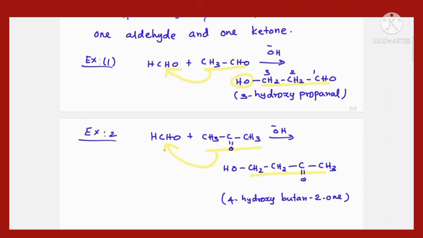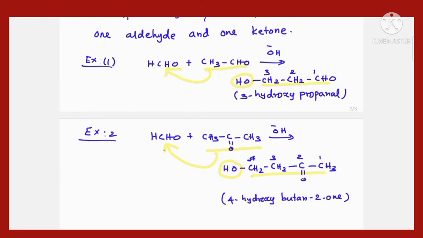The keto group is located at the second carbon, isn't it? So the numbering can be given this way: 1, 2, 3, 4. The keto group is at the second carbon, butan-2-one, and the OH group is considered a substituent, so hydroxybutan-2-one. You can see that the hydroxy group is attached at which carbon? The fourth carbon, isn't it? So 4-hydroxybutan-2-one.